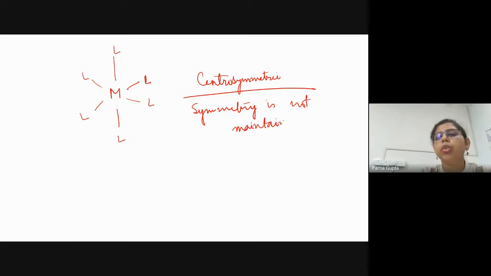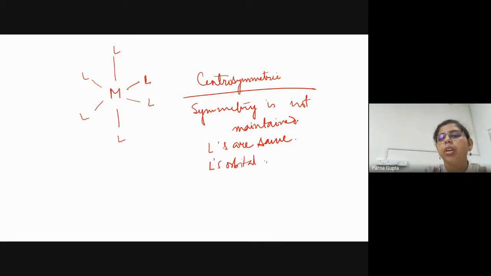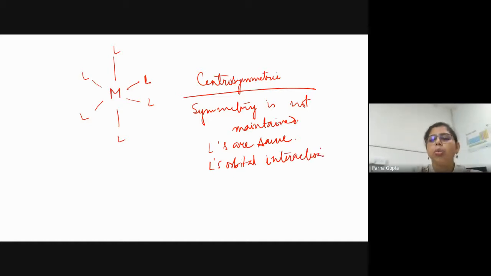You know that I told you, if all the L's are not the same, and if different orbitals are there, then the L's orbital interaction with a particular metal orbital is a bit different.